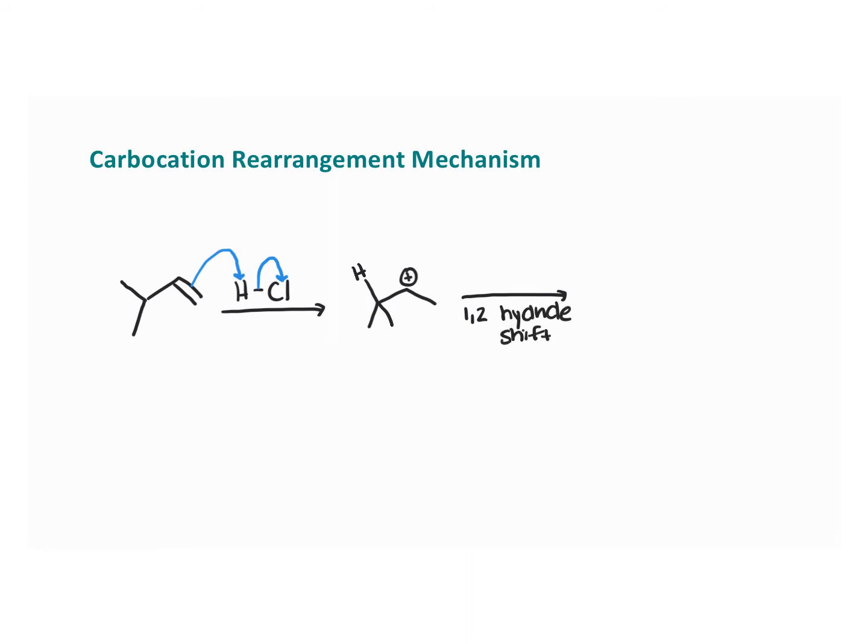And I left out over here, I said it, but I didn't write it. I want you to write it. It's the electrophilic addition. So it goes through a 1,2 hydride shift where this hydride shifts over there. When that hydride shifts over there, we now end up with a tertiary carbocation.